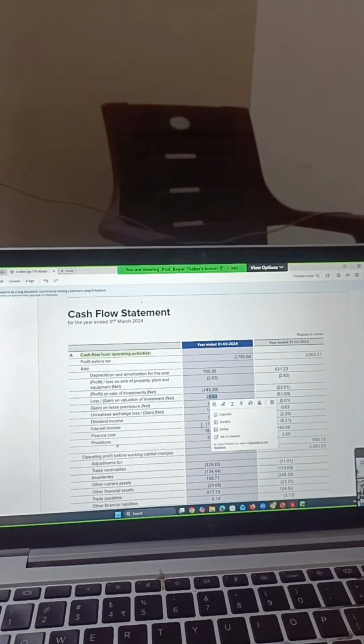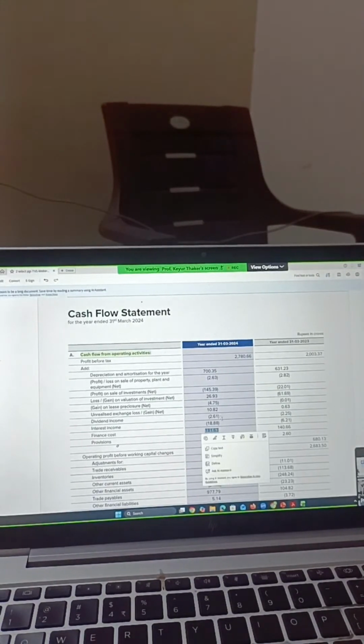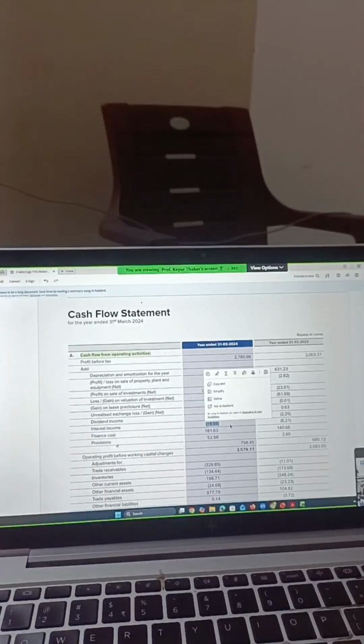So we adjust all non-operating activity. Then we added the interest cost, finance cost. We removed the interest income. We removed the dividend income. So what we did is we are only concerned with the cash flow related to the operations of the company, not related to the financing or investment activities of the company. Only cash pertaining to the operating activities of the company.